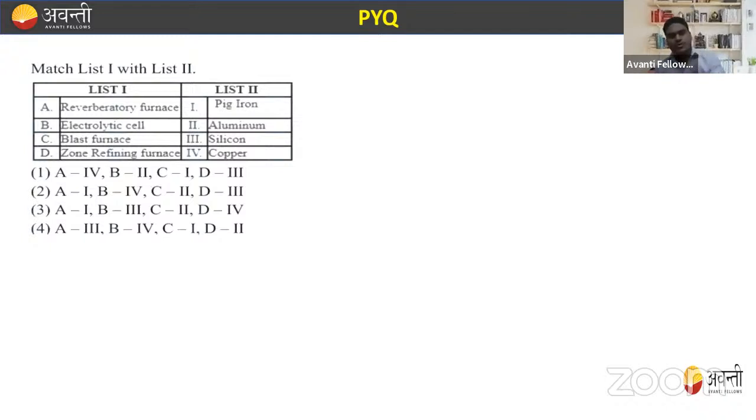For a few names like electrolytic cell and zone refining furnace, you know them very well, so by knowing just these two you can predict the correct order for this question. We know that electrolytic cell is basically used for the refining of copper, in which impure copper is converted into pure copper.